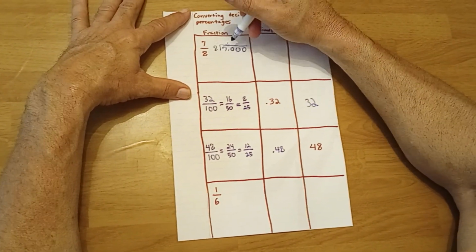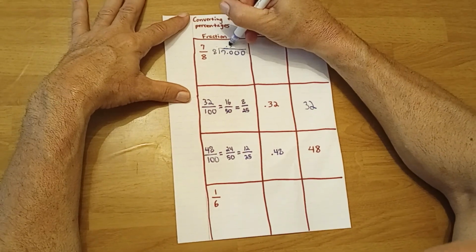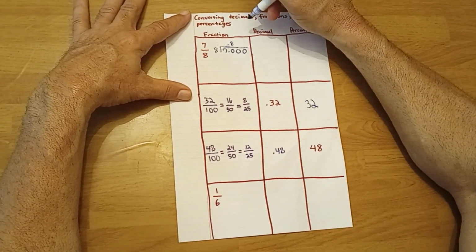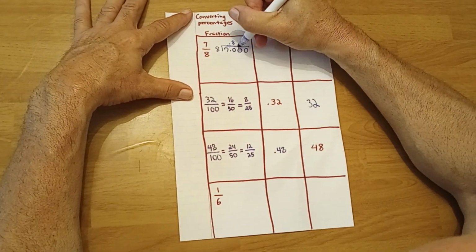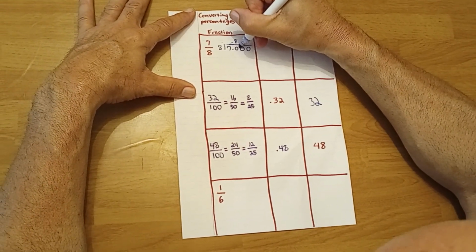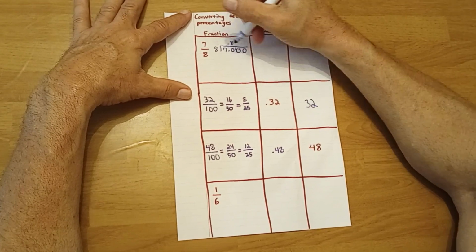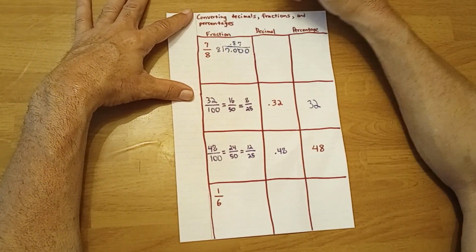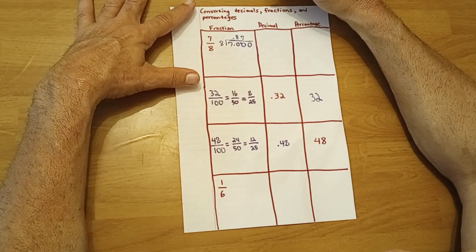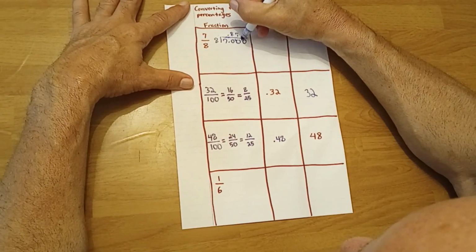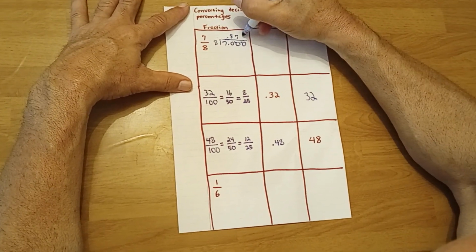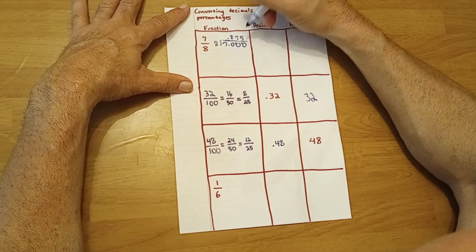Okay, 8 goes into 7 zero times, and into 70 8 times. And since 8 times 8 is 64, there are 6 left over. 8 goes into 60 7 times. And since 8 times 7 is 56, there are 4 left over. And 8 goes into 40 5 times.